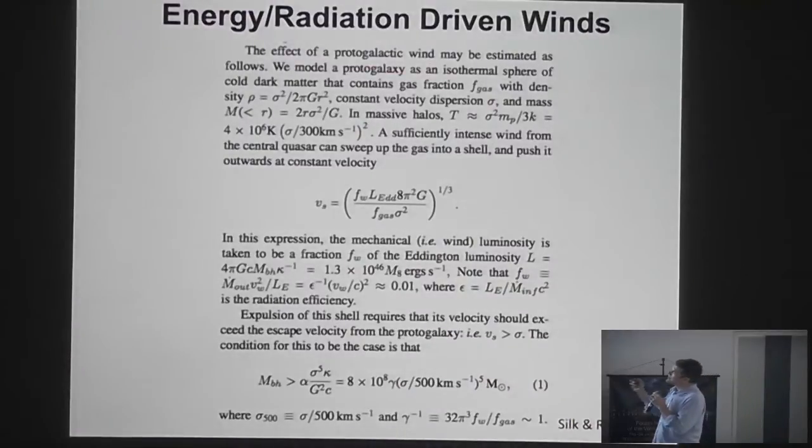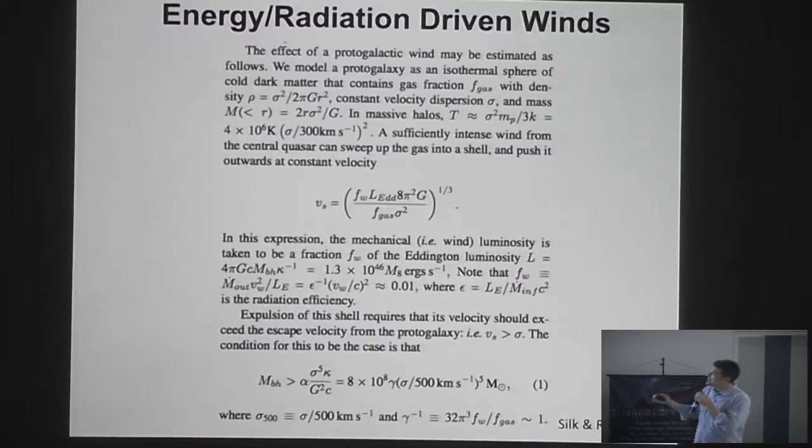So we have two types of potential mechanisms. One is this radiation-driven wind. Essentially, the effect of a protogalactic wind may be estimated as follows. We have an isothermal sphere with an assumed gas fraction, constant velocity dispersion, and a mass, something like this. A sufficiently intense wind from a central quasar can sweep up the gas into a shell and push it outwards with a constant velocity, which ends up being related to the Eddington luminosity, the gas filling factor and the dispersion.